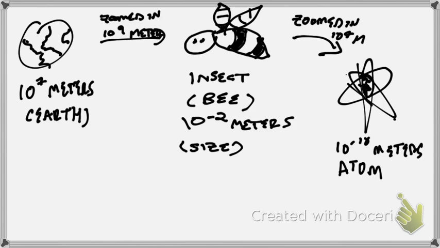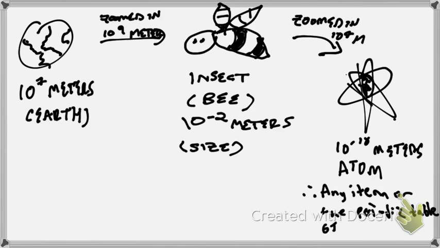And when we talk about an atom, what are we talking about? We're talking about any item on the periodic table of elements.